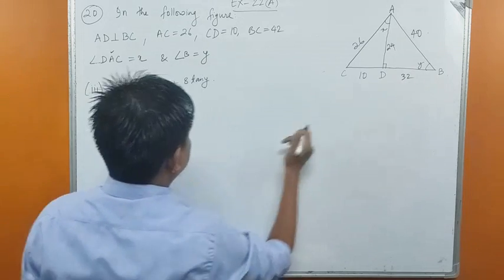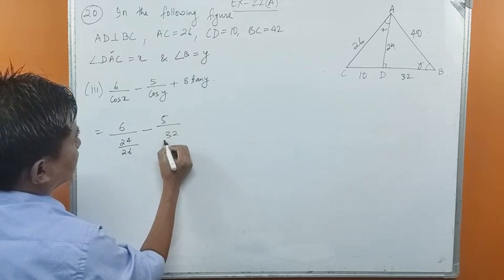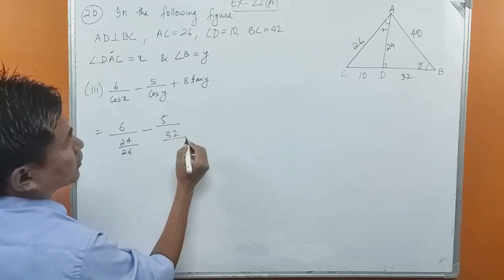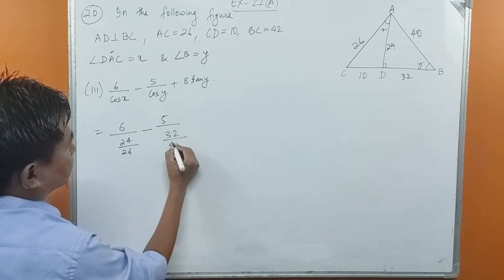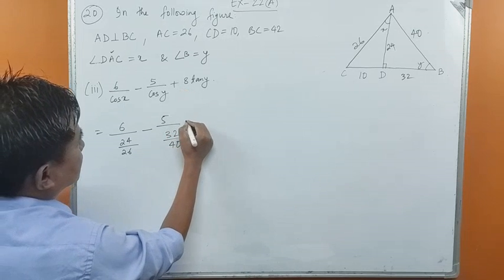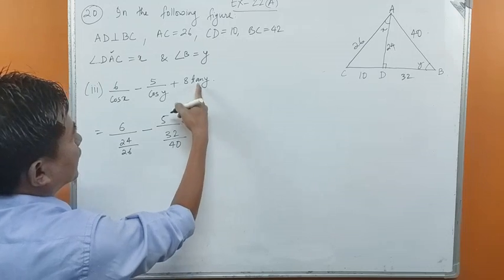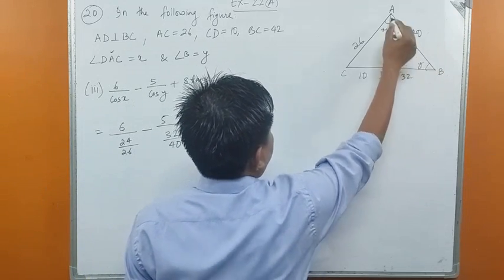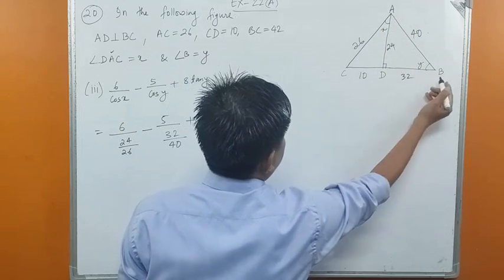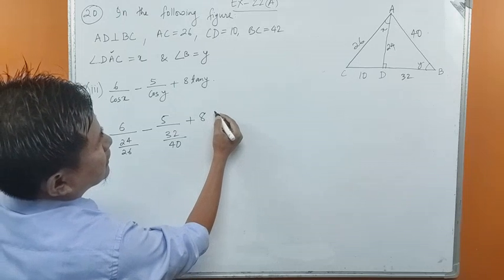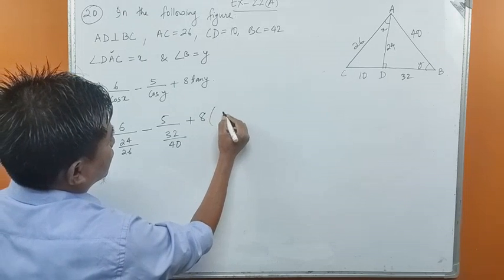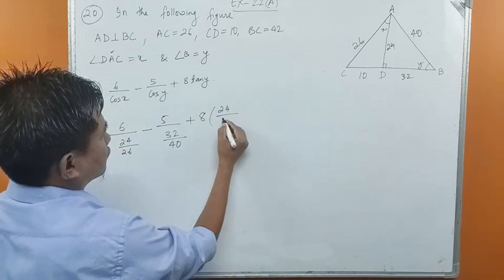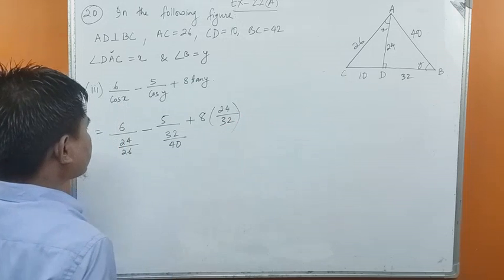Base is BD, BD is 32 upon hypotenuse, hypotenuse is 40, plus 8 tan y. Again this angle, tan theta is perpendicular upon base. Perpendicular is AD, base is BD. So AD is 24 upon BD is 32, isn't it?